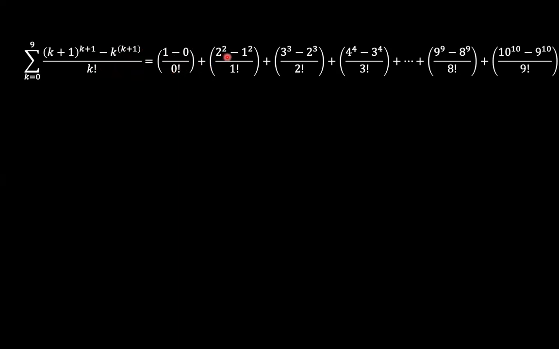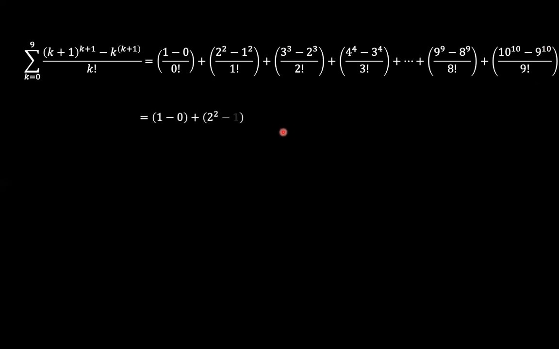When k equals 1, k plus 1 is 2, so 2 to the power 2, minus 1 to the power 2 over 1 factorial. For k equals 2, this is 3 to the power 3 minus 2 to the power 3 over 2 factorial, and so on and so on, until k equals 9, where k plus 1 is 10, so 10 to the power 10 minus 9 to the power 10 over 9 factorial.